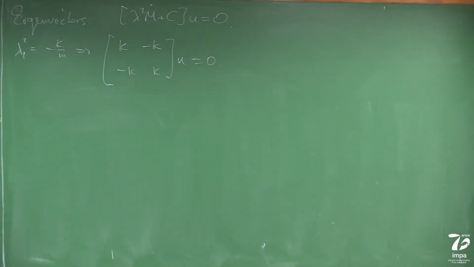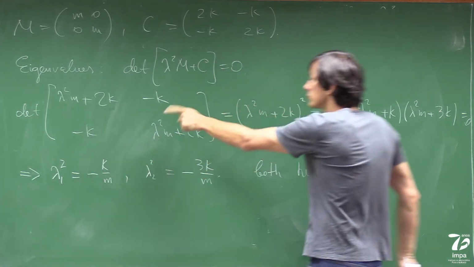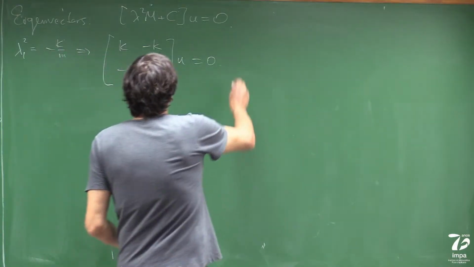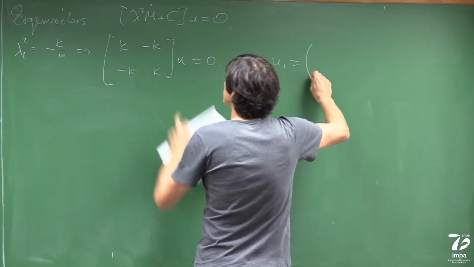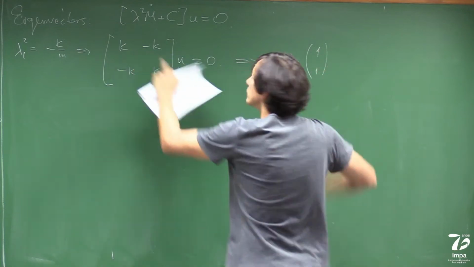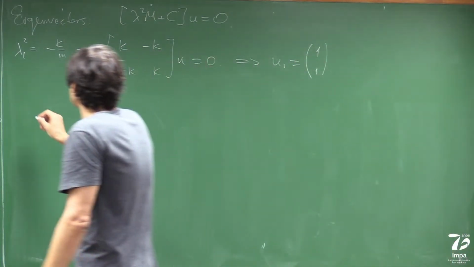You substitute this in, M cancels, 2k minus k gives k, same k here, minus k there. So it gives you the eigenvector 1, 1. And 1, 1 is satisfied.